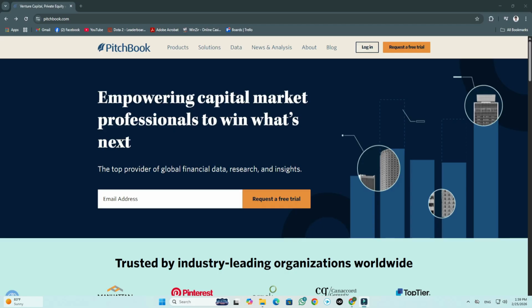PitchBook is a powerful financial data platform that provides detailed insights into companies, investors, deals, funds, and market trends, particularly in the private capital markets. Unlike tools that focus on public market data, PitchBook specializes in illuminating the parts of the financial world that are often hard to access.